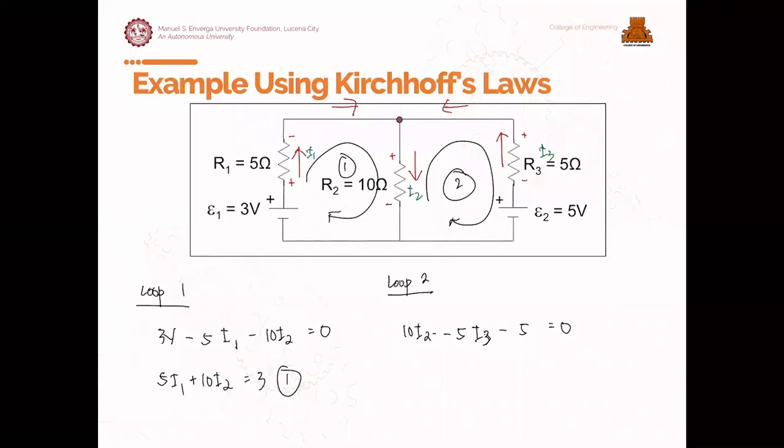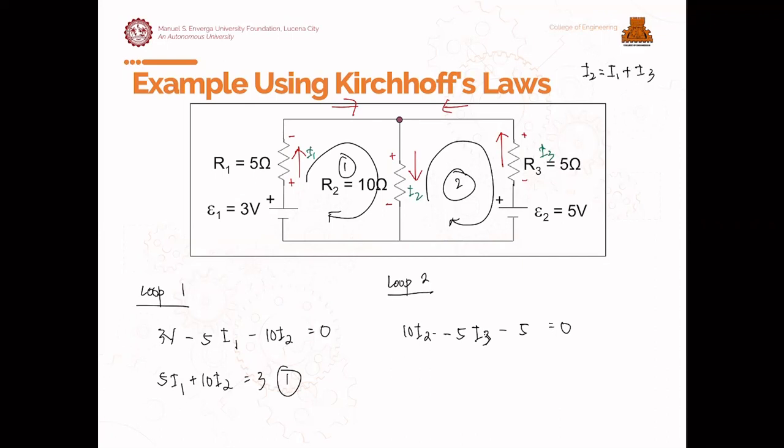So, ibig sabihin, kulang pa tayo ng isa pa kasi mayroon tayong tatlong unknowns na R. Okay. Pero si I2, pwede natin i-represent as equal siya ng yung I2 natin, base din sa figure natin, pwede siya maging equal sa I1 plus I3.